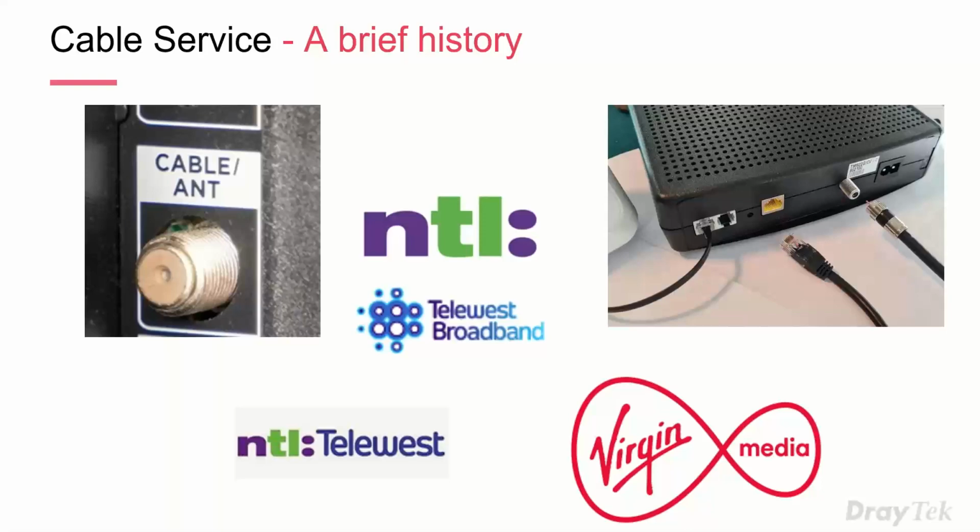So in 1993, it started off as NTL, or there was a brand called CableTel that started off everything, and the initial focus was cable TV, but then shortly after that it started to add some sort of internet that's got faster and faster as standards have improved, and there's been a build of the cable network.